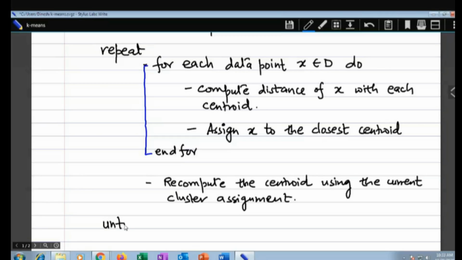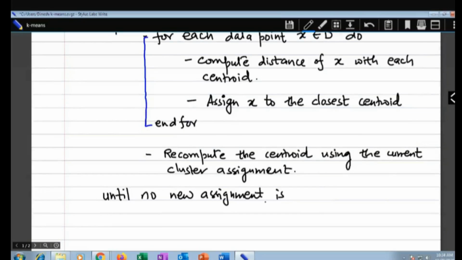So this continues until the stop criteria, or until no new assignment is done, or there is no change in the centroid.